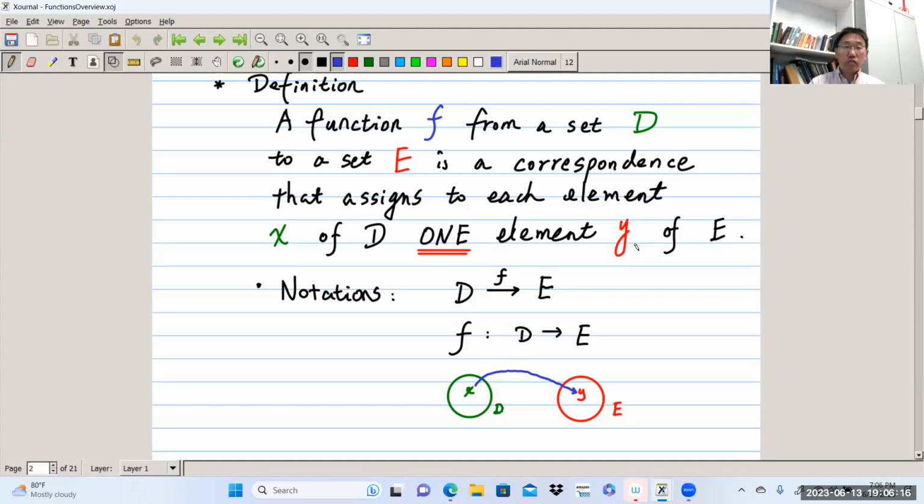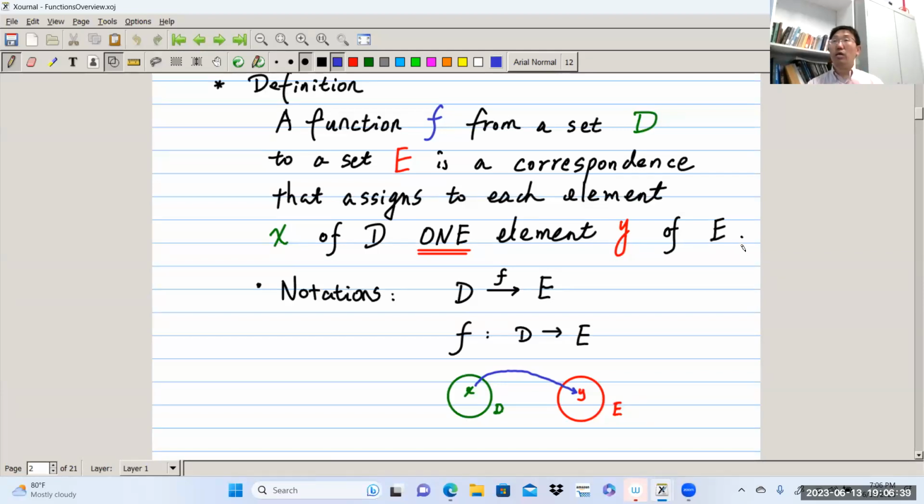If I read this definition: a function f from a set D to a set E is a correspondence, or say a mapping, that assigns to each element x of D one element y of E.